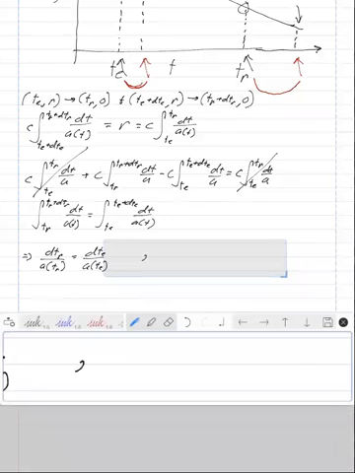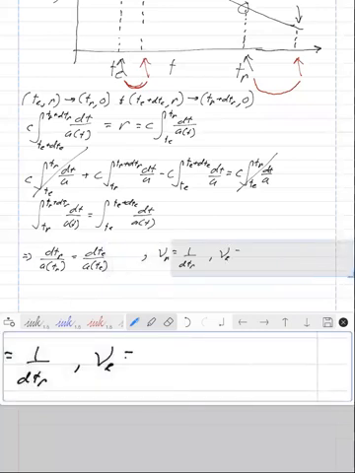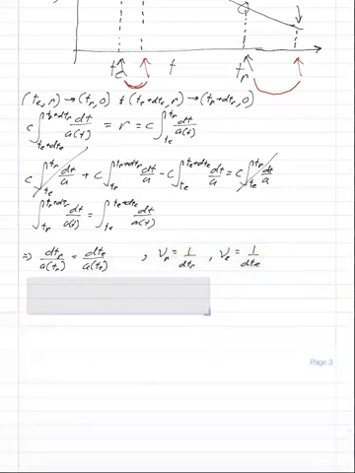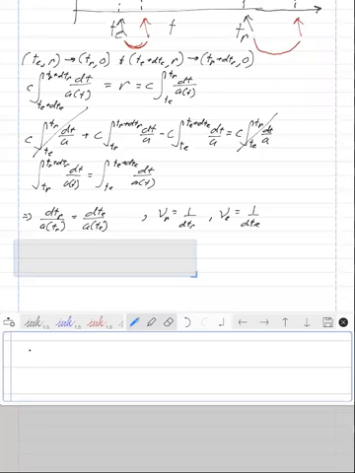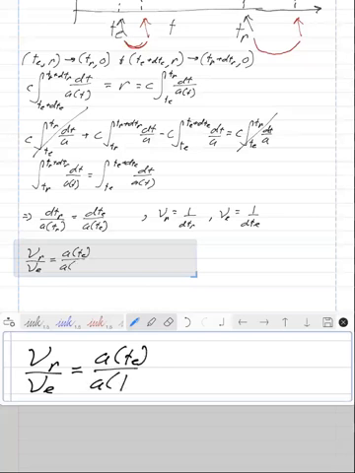And just to remind you, the frequency when it's received is defined as 1 over dtr, and the frequency when it was emitted is equal to 1 over dte. And so plugging this in, we have that the frequency of the signal when it's received divided by the frequency of the signal when it's emitted is equal to the ratio of the scales of the universe when it was emitted over the scale of the universe when it's received.